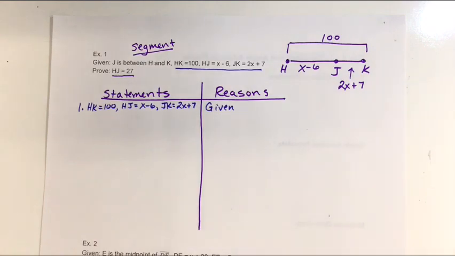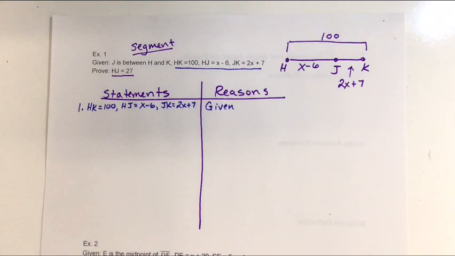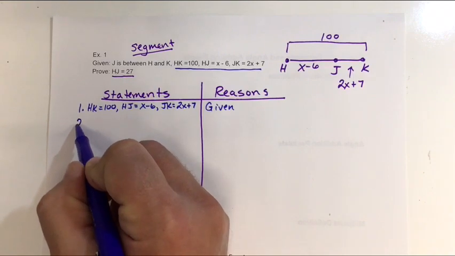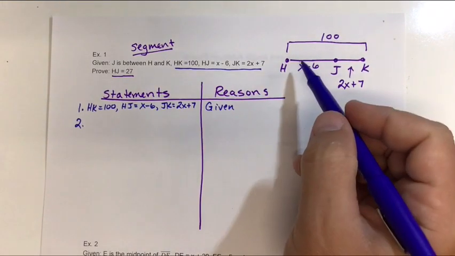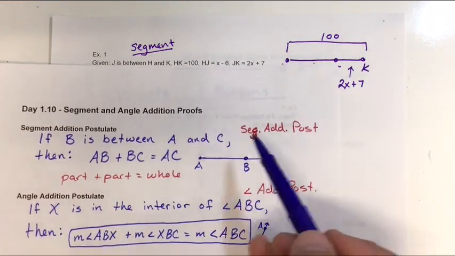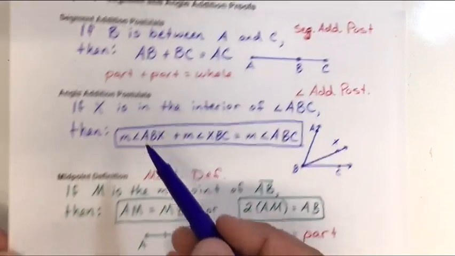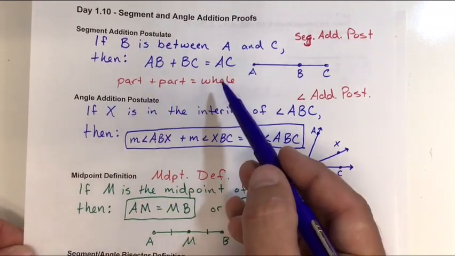Okay, now what we want to do is be able to set up an equation. I'm going to have you write an extra step in here that if you were just solving a problem on your own, you wouldn't necessarily write this step. But for a proof, I need to know where I'm getting that equation. We are using, in this case, the segment addition postulate because I need to be able to establish that part plus part equals whole relationship.